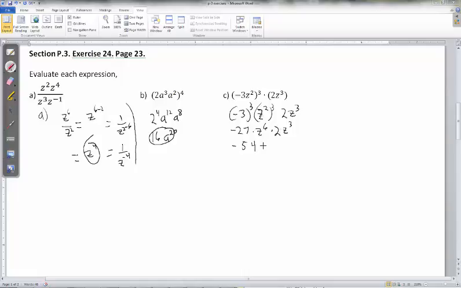Z to the 6th times z to the 3rd is z to the 9th. That should be the answer.